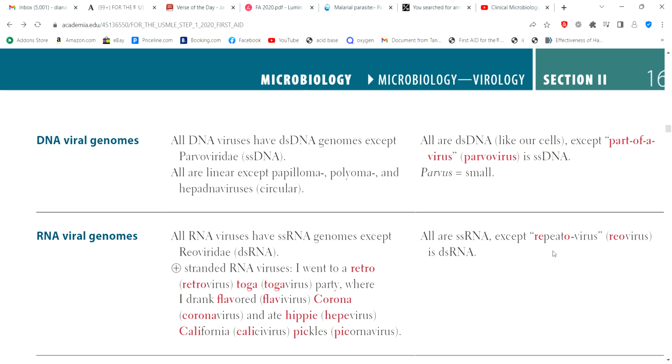DNA viral genomes. All DNA viruses have double-stranded DNA genomes except for parvovirus, which is single-stranded DNA.